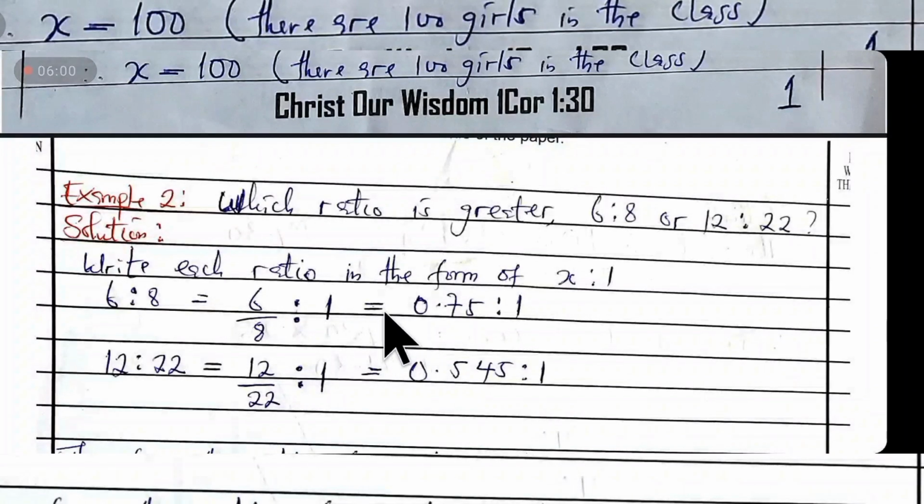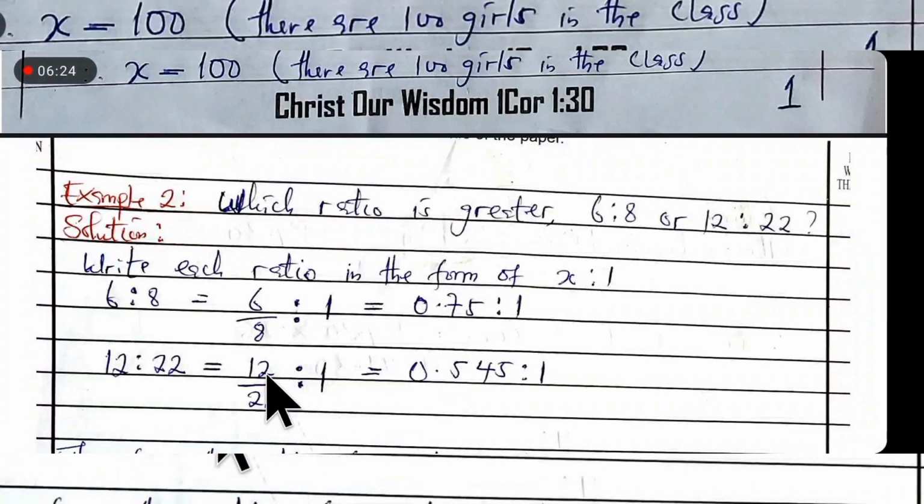So by the time you have this, it is going to be equal to 0.75:1. How do we get 0.75? 6 divided by 8 will give us 0.75, then ratio 1. All right, now we go to the second ratio given to us. 12 ratio 22 is the same as 12 over 22 ratio 1.